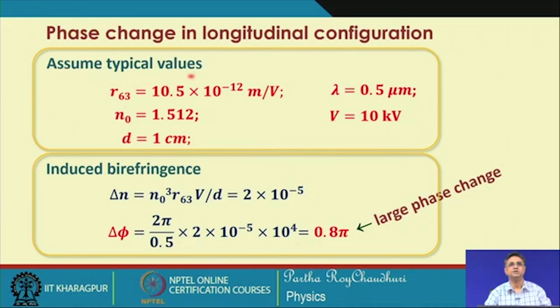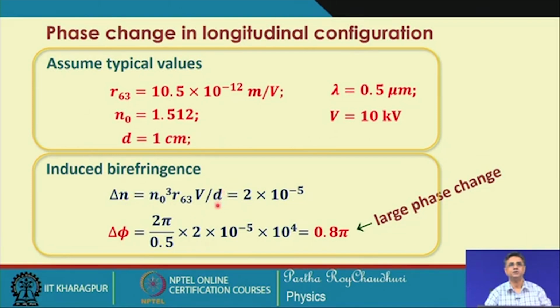So, let us assume typical values for r63 at this wavelength, and V equal to, let us suppose, 10 kilovolt. If we apply this much voltage across a crystal of length L equal to 1 centimeter, then we can calculate the birefringence.